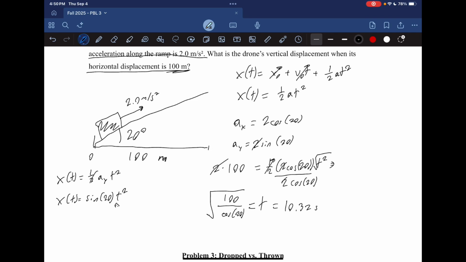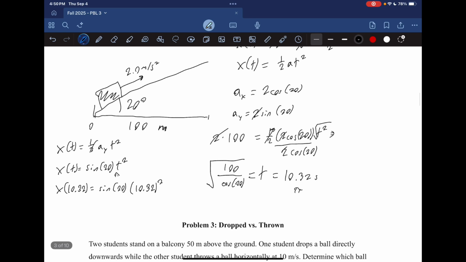And we can plug in our time value we found earlier. So x of 10.32 equals sine of 20 times 10.32 squared. And if you plug that into the calculator, this equals 36.43 meters as our y displacement.